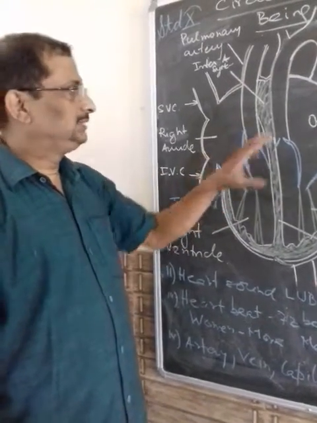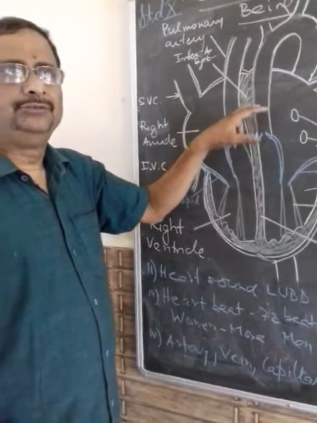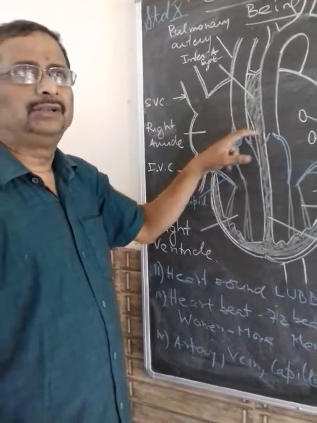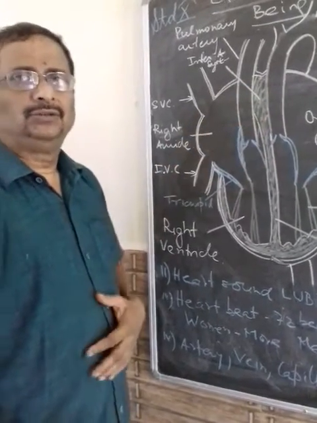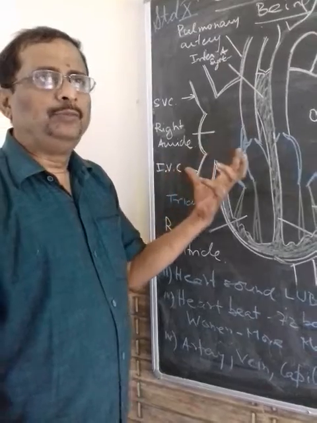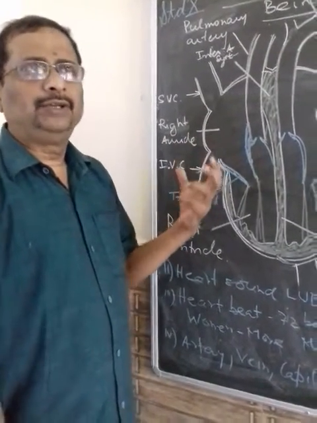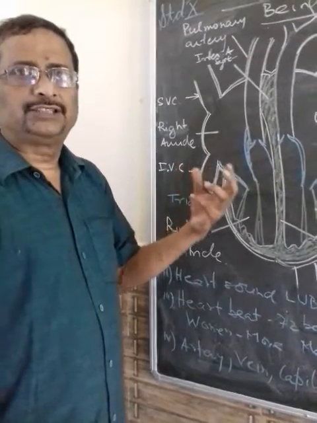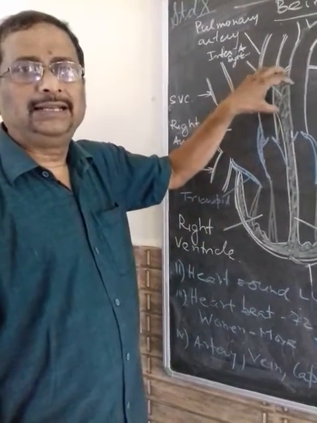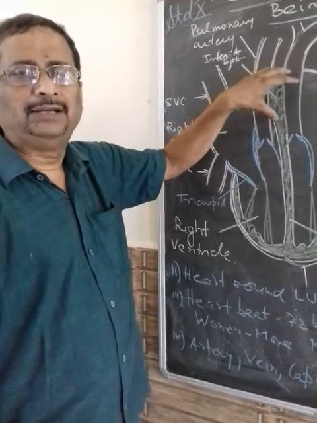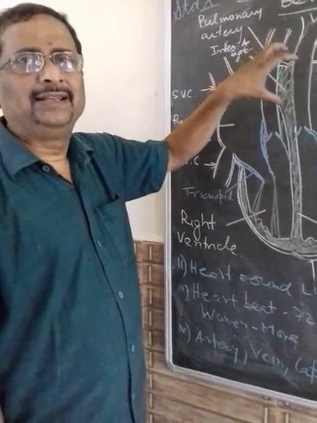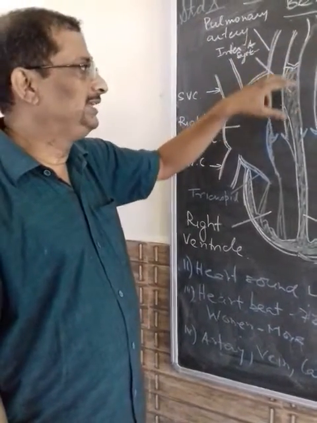But sometimes this hole remains, and there is a mixing of blood in the auricular region, and that is known as blue baby. It leads to an abnormal condition where the blood flowing in the artery is more venous. It contains more deoxygenated blood. So in that condition there is a mixing of the blood which takes place in the auricle.